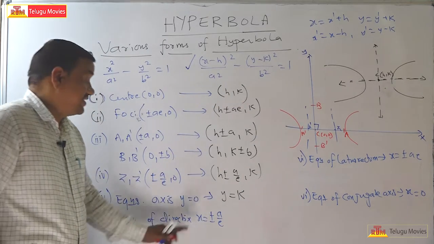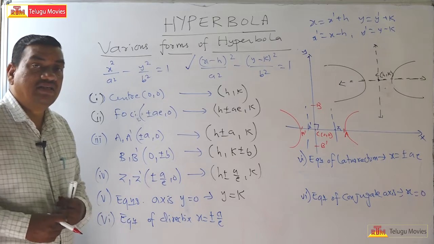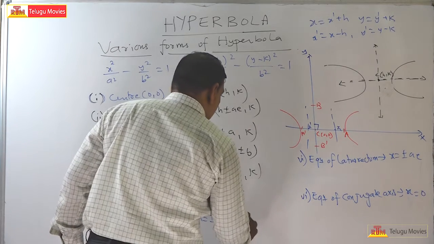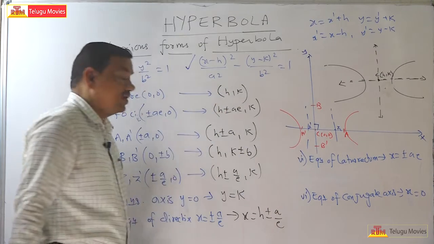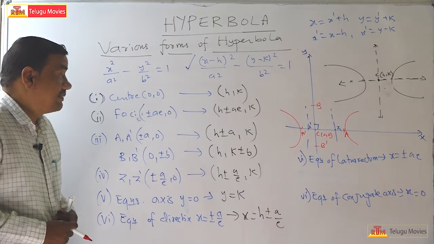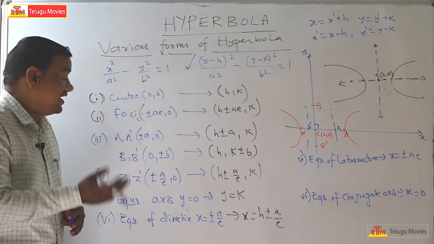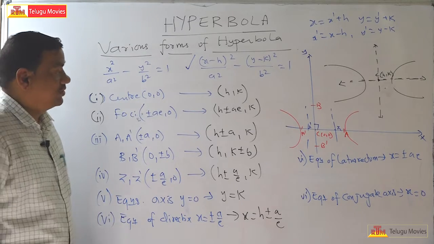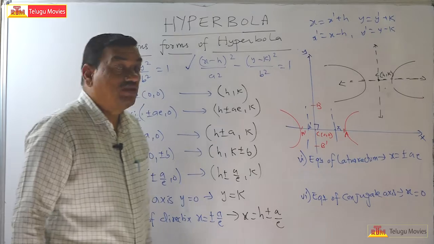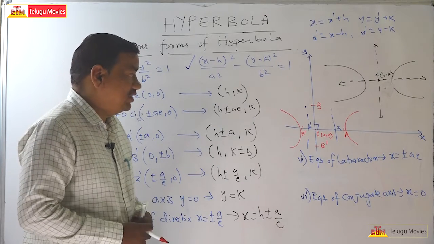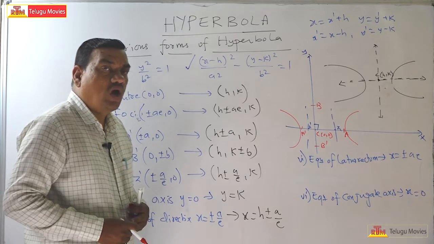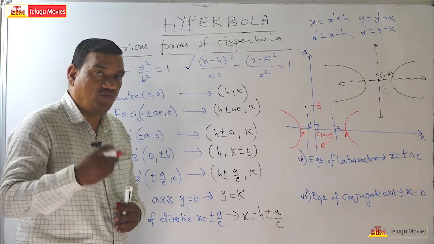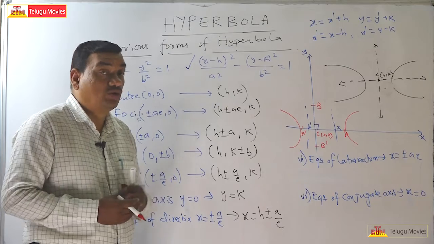The equation of the directrix is x is equal to plus or minus a by e. Therefore this implies x is equal to h plus or minus a by e. For y we add k, for x we add h. Here also the equation of the latus rectum is x is equal to plus or minus a. The latus rectum is a focal chord passing through the focus which is perpendicular to the axis.